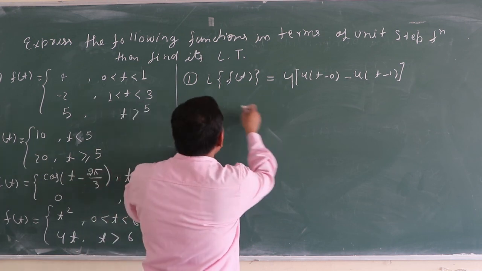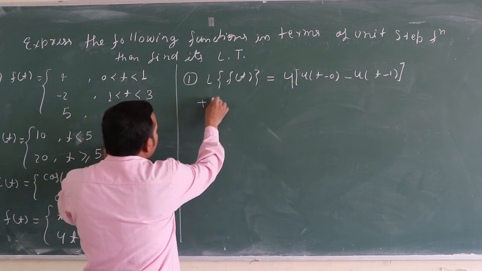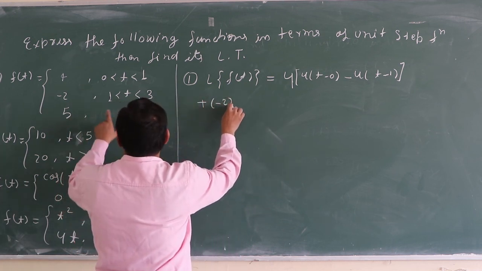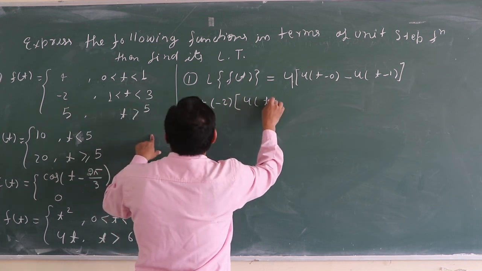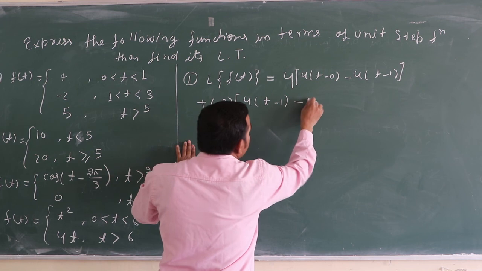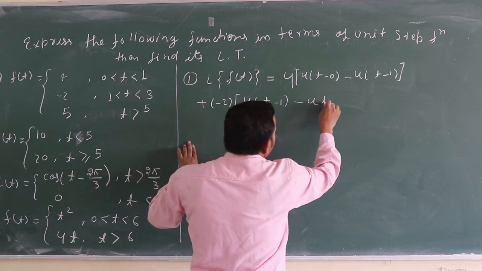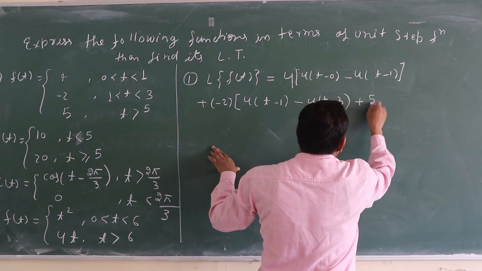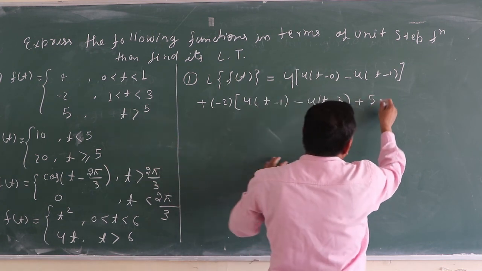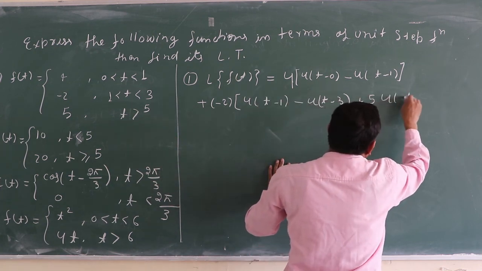Similarly plus minus 2, u(t minus 1) minus u(t minus 3), plus 5 for t greater than 5, simply you write u(t minus 5).